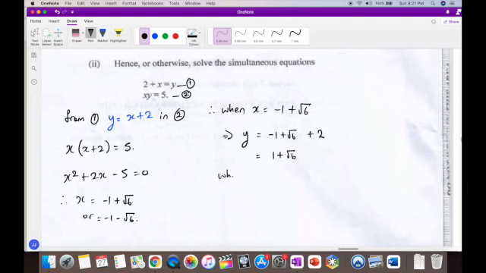And when x is equal to -1 minus the root of 6, that implies that y is equal to, and I'm subbing it back into this, x, -1 minus the root of 6 plus 2, which is 1 minus the root of 6.